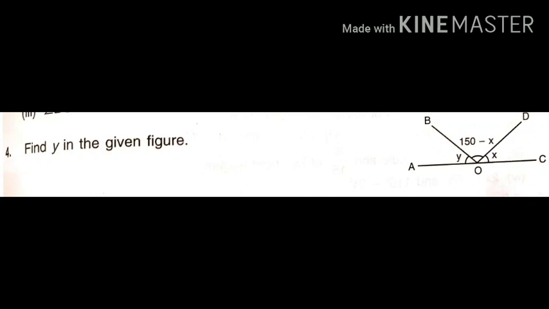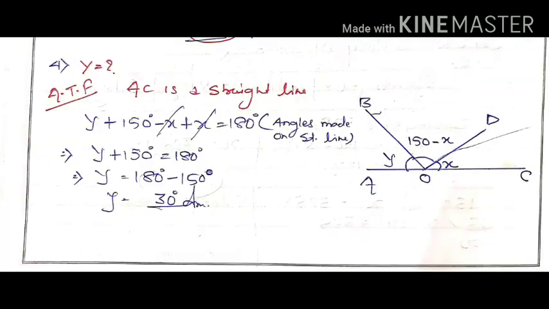Next question, find y in the figure. Check in the figure how many angles are here. 3 angles are here. What is the concept? Since it is straight line, so all angles we will plus and we will write 180 degree. Okay, check. Y plus 150 minus x plus x is equal to 180 degree. So minus x plus x will be cancelled. Y is left.